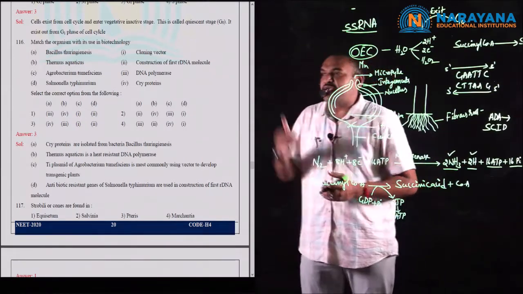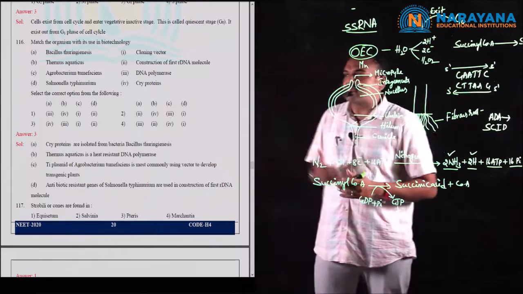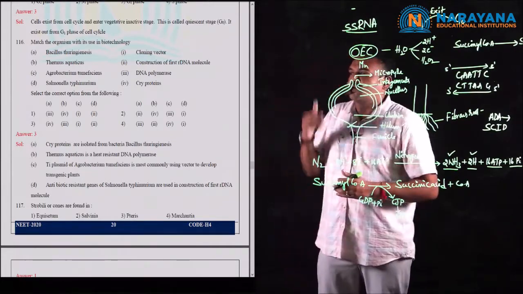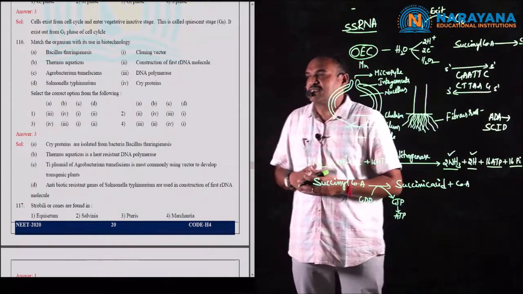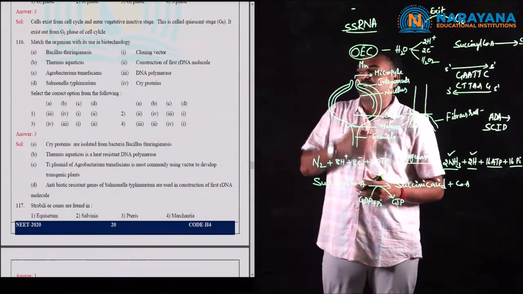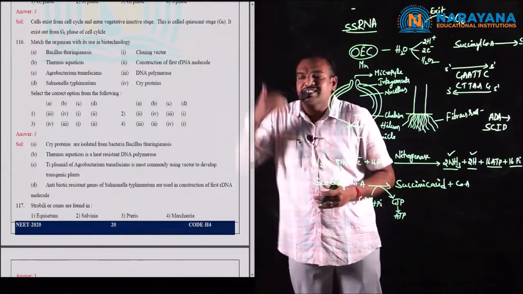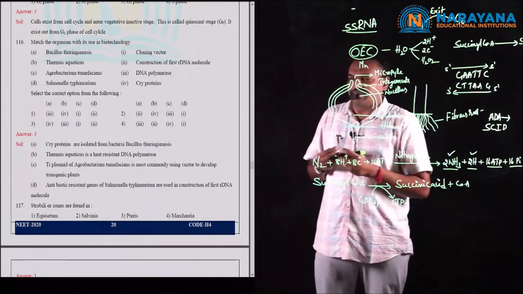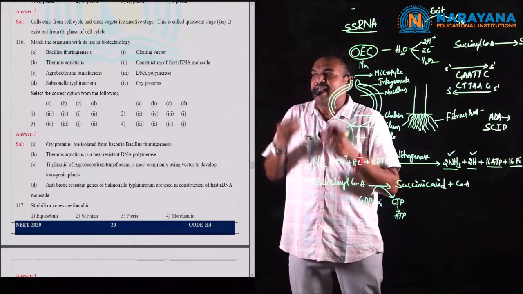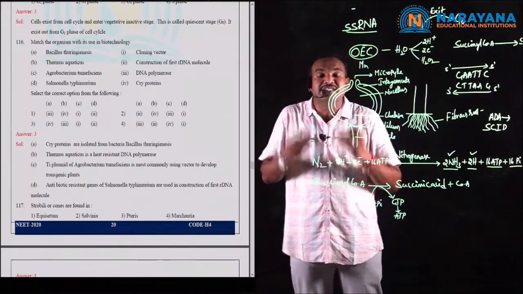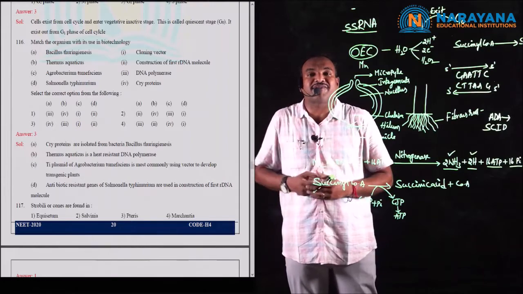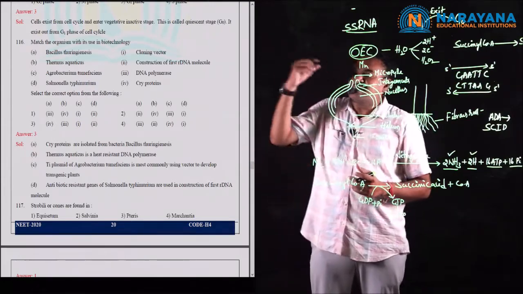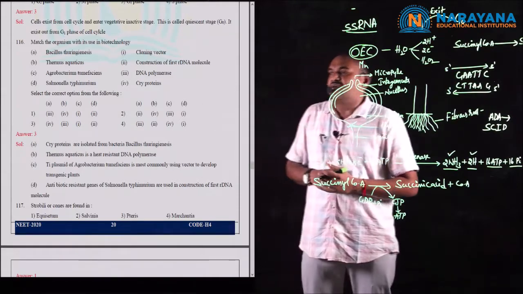In column 2: Roman 1 cloning vector, Roman 2 construction of first rDNA molecule, Roman 3 DNA polymerase, Roman 4 Cry proteins. Bacillus thuringiensis, I mentioned these cry genes in the previous question. Insect-specific genes are isolated from the bacterium Bacillus thuringiensis and used in the production of insect and pest resistant Bt cotton. So on the same topic they gave two questions.